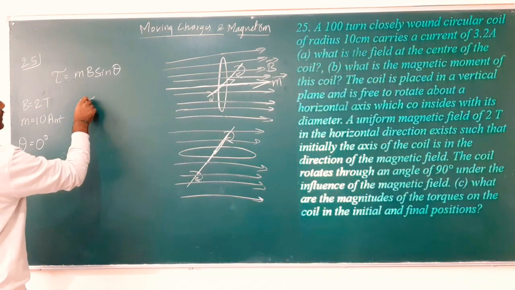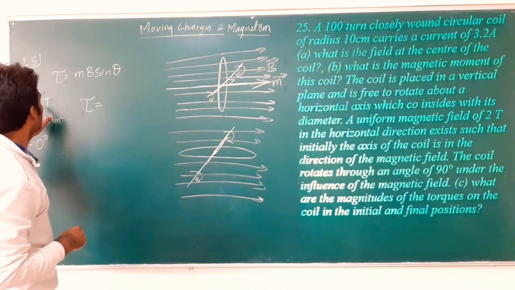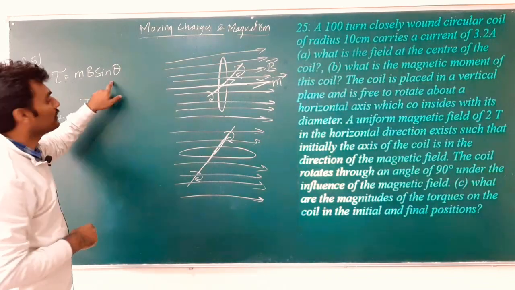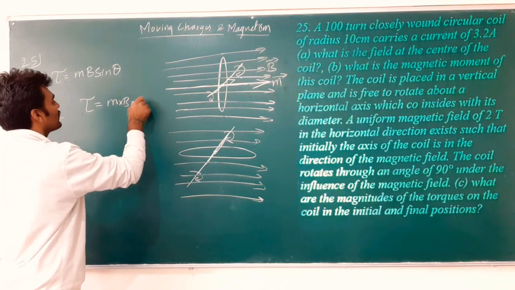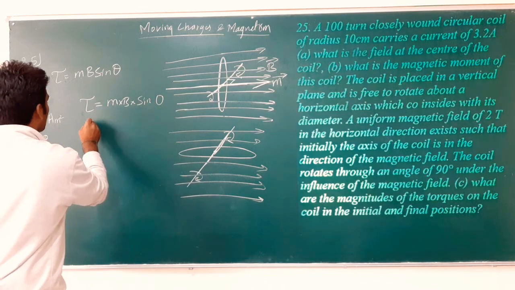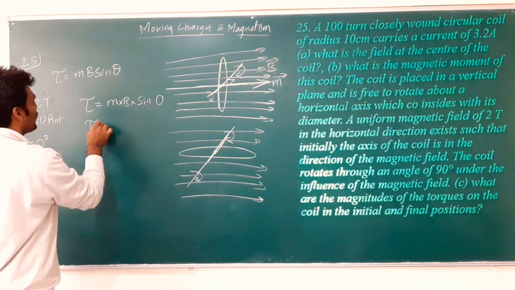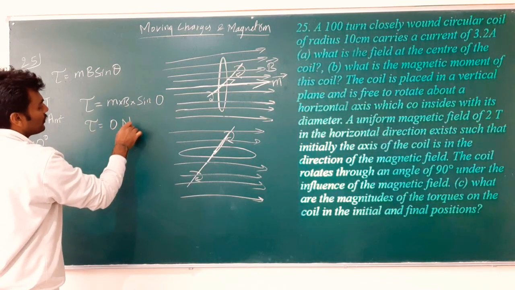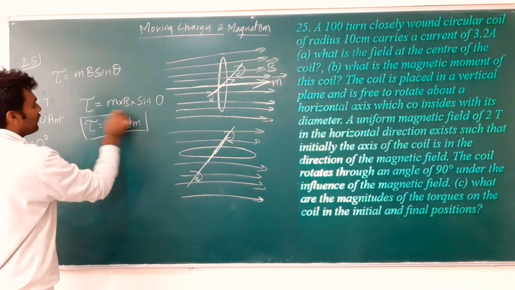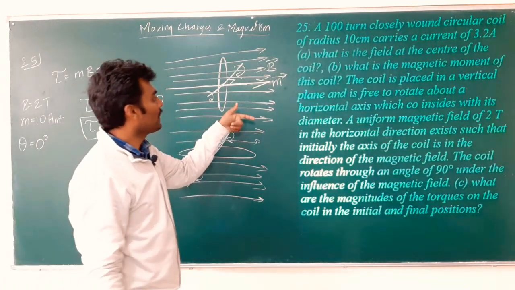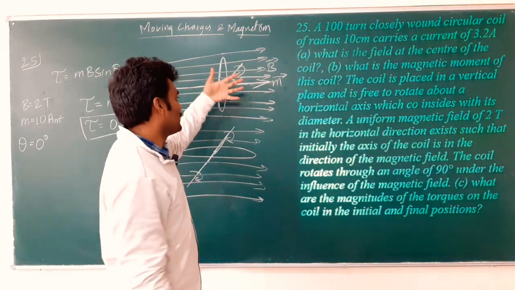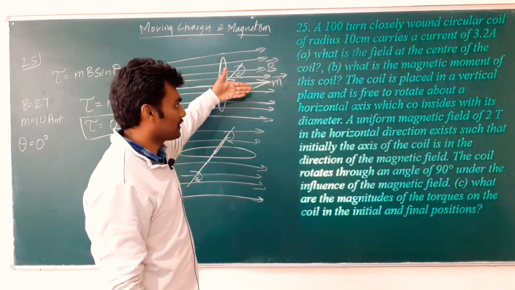So that's it. Therefore the torque becomes 2 into 10 into sin 0, which is 0. So mB sin 0, the torque experienced is 0 Newton meter when we have this kind of arrangement where the axis of the coil and the external magnetic field are in the same direction.